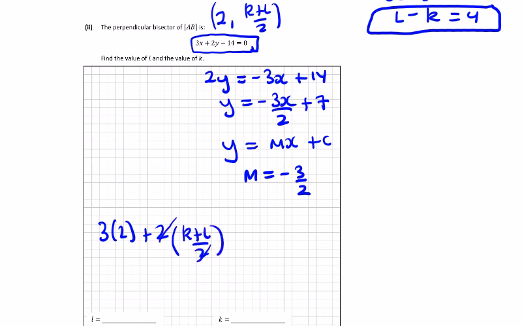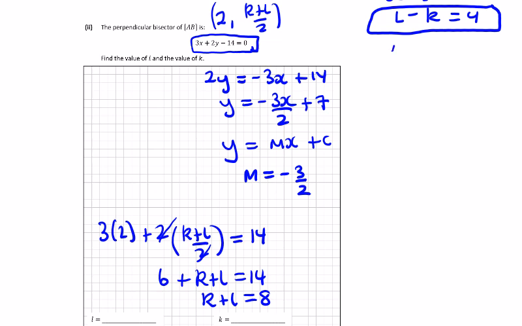So the 2s will cancel. And that's going to be equal to 14 if I bring the 14 across. So we're going to get 6 plus K plus L is equal to 14.